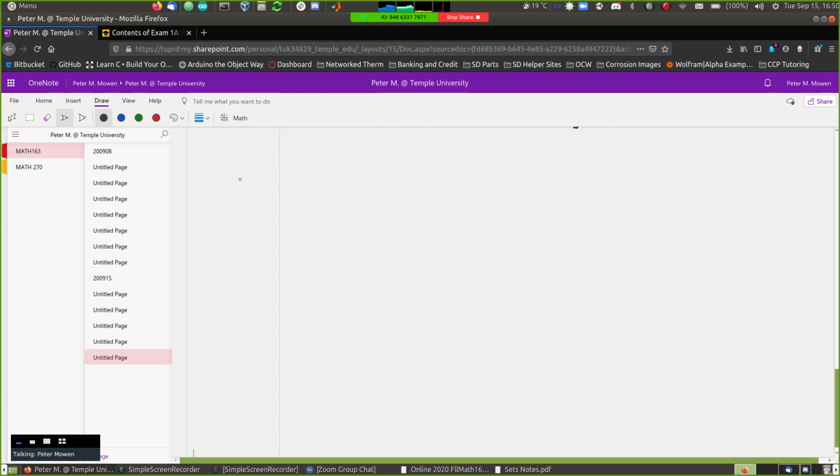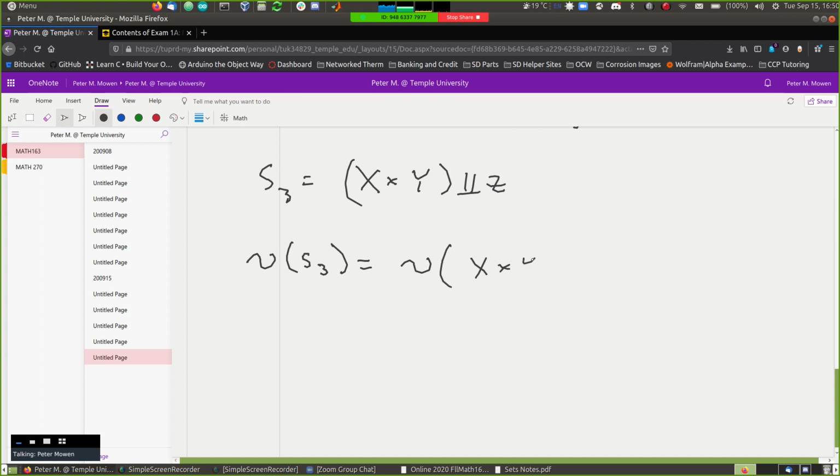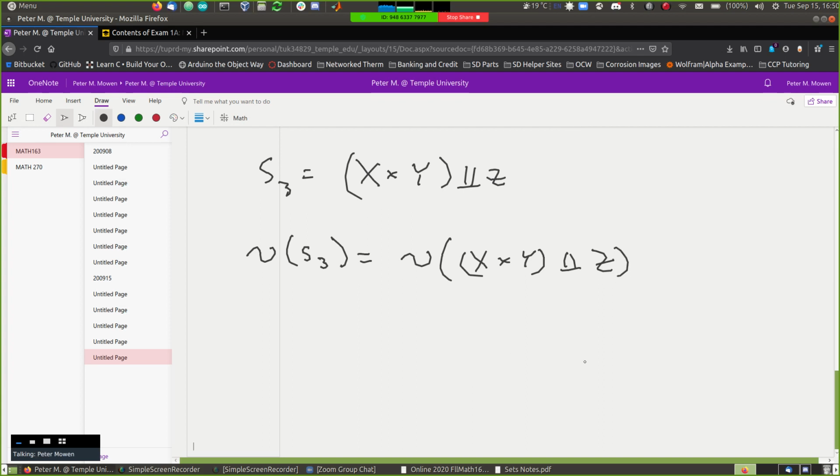Okay, so my S3 was equal to X cross Y coproduct Z. And we want to find nu of S3. Well, that'll be equal to nu of X cross Y coproduct Z. Okay, so how do I do this part of the problem?